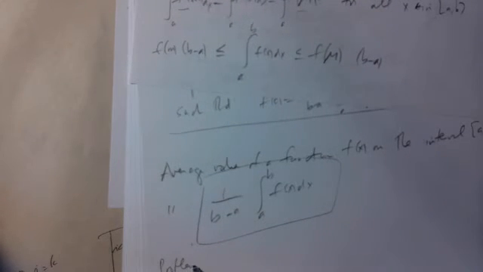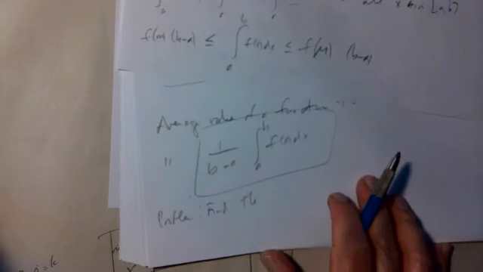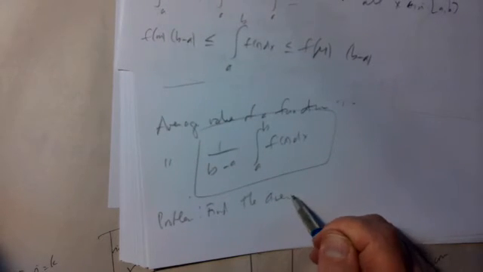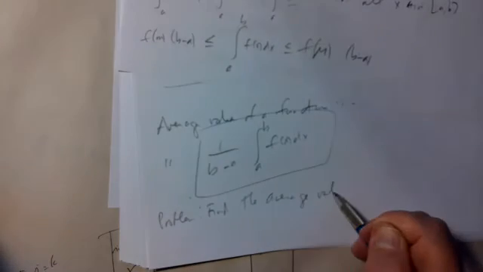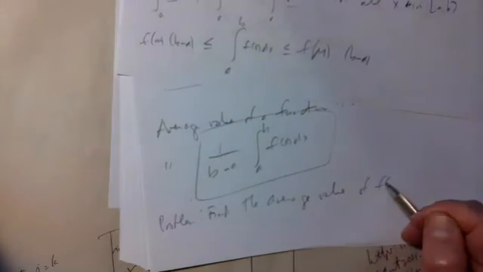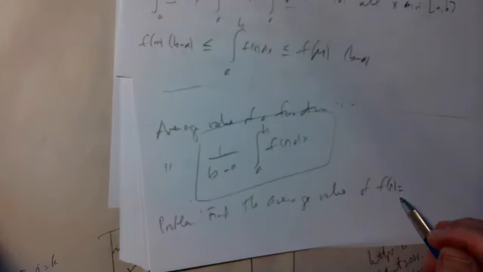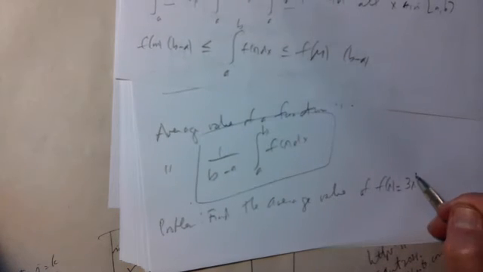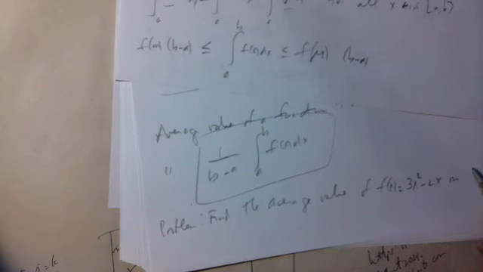So for example, find the average value of the function f of x equals 3x squared minus 2x on the interval from 1 to 4.